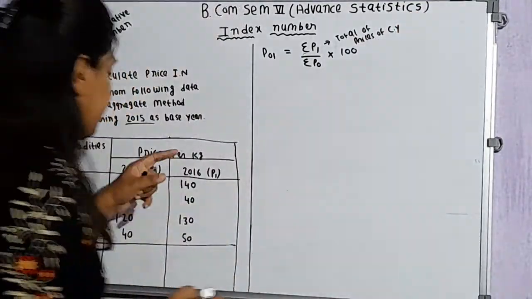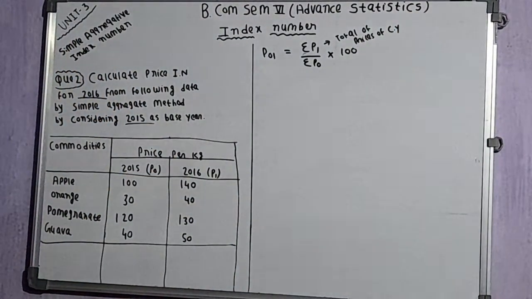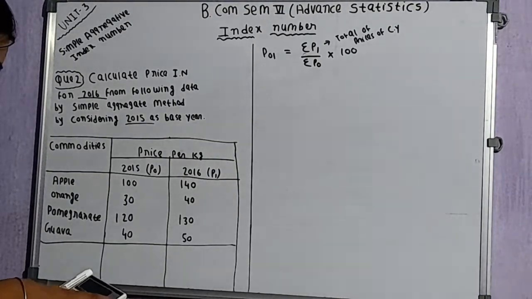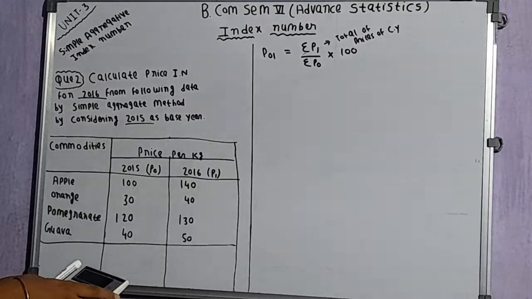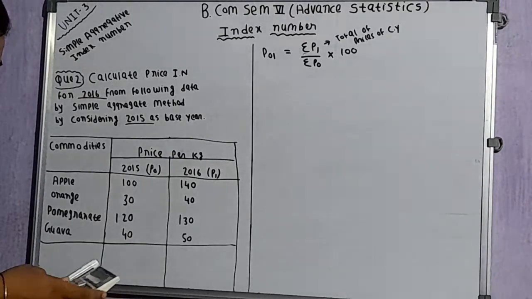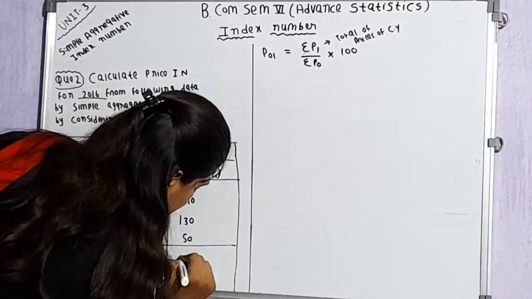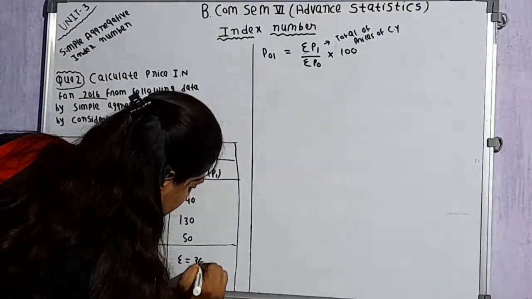For apple it is 140, for orange it is 40, for pomegranate it is 130, and for guava it is 50. So the total is 360. Summation P1 equals 360.